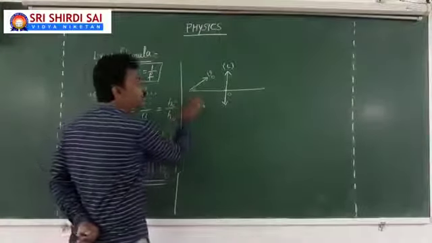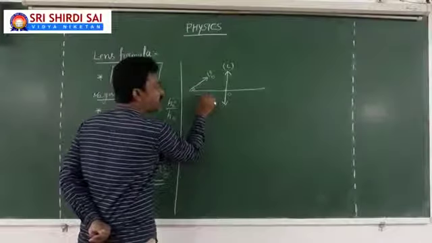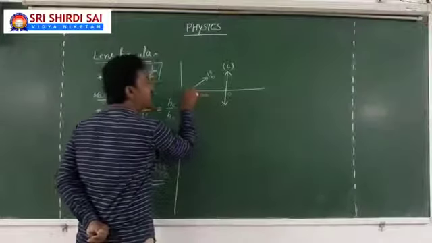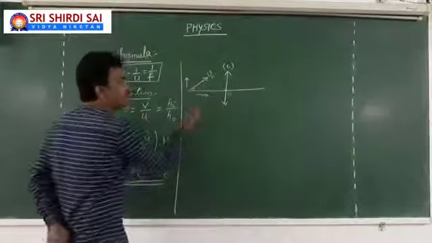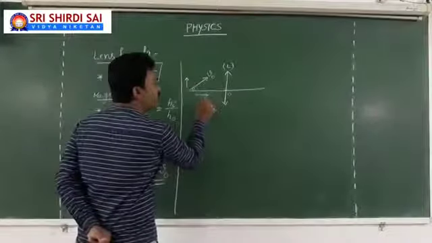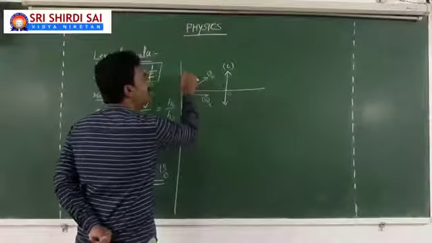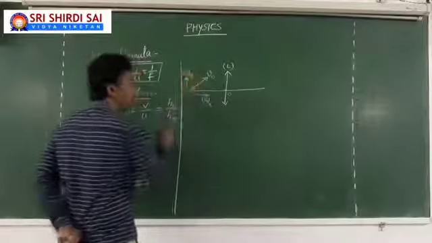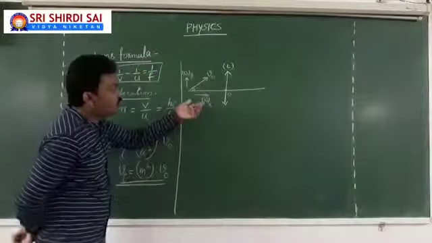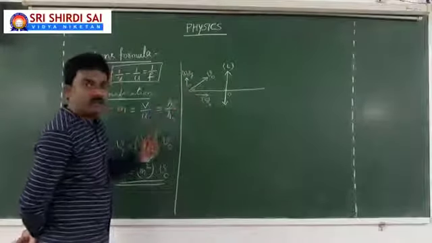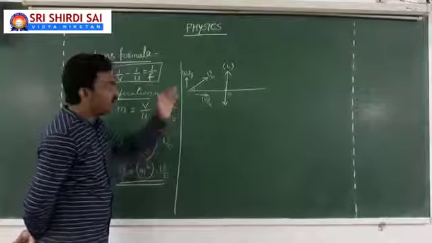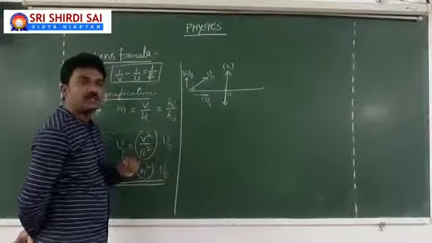Then it will have two components: one component along the principal axis and the other perpendicular to the principal axis. Of course, you can take v₀x and v₀y. In this particular situation, the object is displacing along two perpendicular directions.